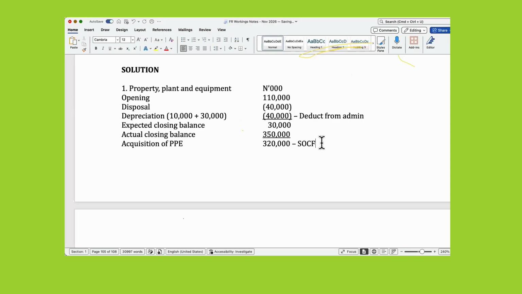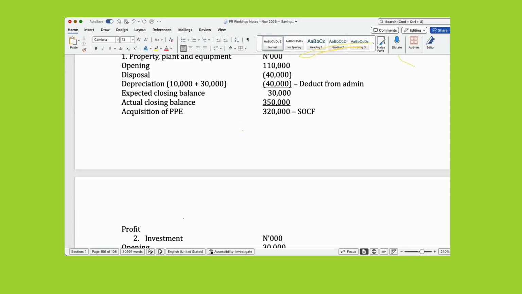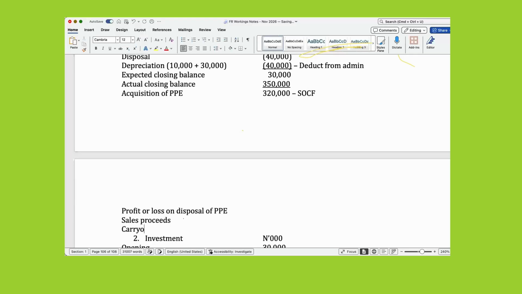So the one we did not touch is the profit or loss on disposal of PPE. What was the sales proceeds compared with the carrying amount?